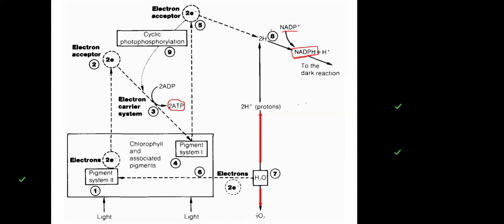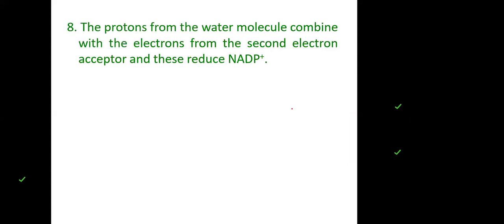All right, let's continue. So we see that the protons from the water molecule combine with electrons from the second electron acceptor, and these cause a reduction of NADP. What I told you is that in chemistry, addition of hydrogen causes reduction.